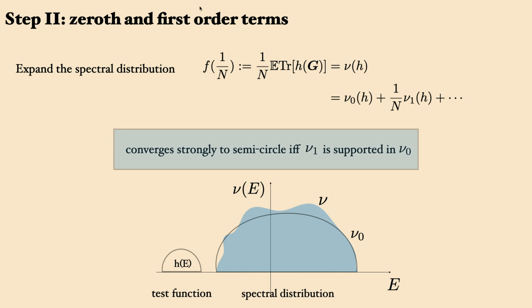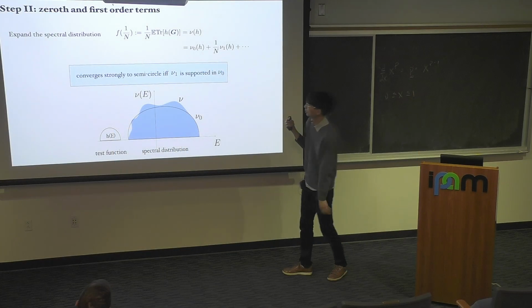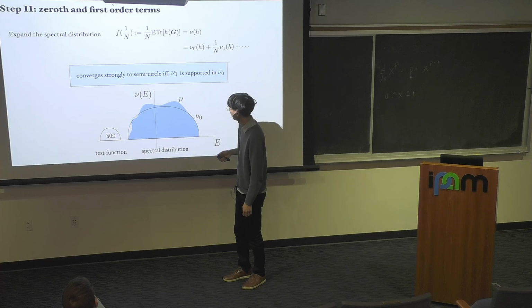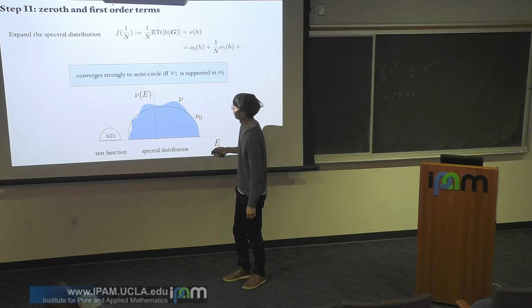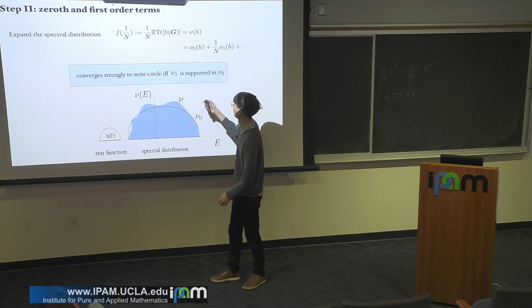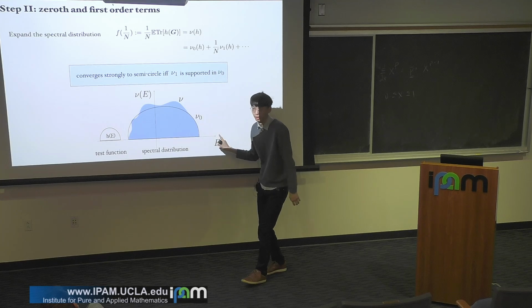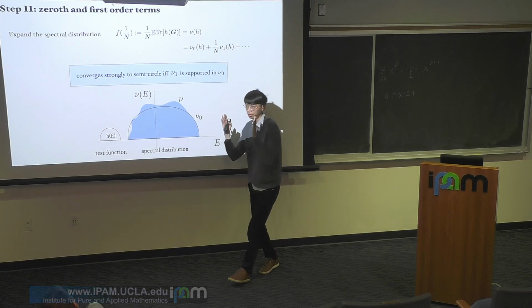So really the only thing you care about is this nu one, some kind of 1 over n derivative of nu in the limit where n is very big. So there's some kind of infinitesimal object. You would be in good shape if this nu one and nu zero end up having the same support, so that nu one doesn't produce new outliers outside of the existing spectrum.